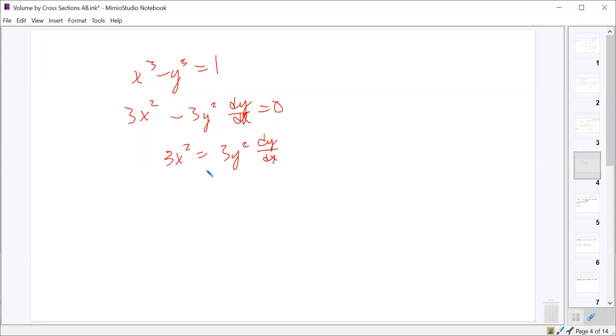And if we're dividing then by the 3y squared, we should be able to cancel the 3's. X squared over y squared equals dy dx. Does that make sense what you're supposed to do for 21 to 24 now? Okay, so probably good with the rest of those. And then I'm going to do 29 and 31 and then talk about 35 to 37.